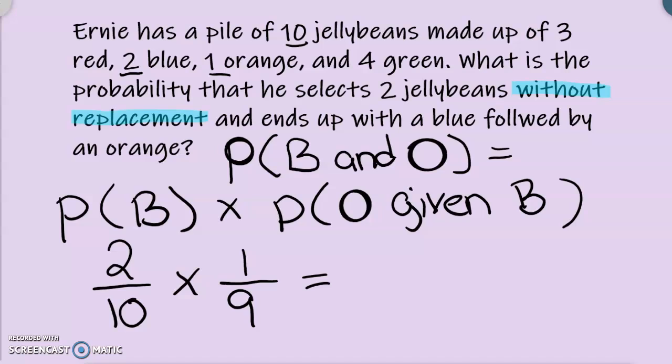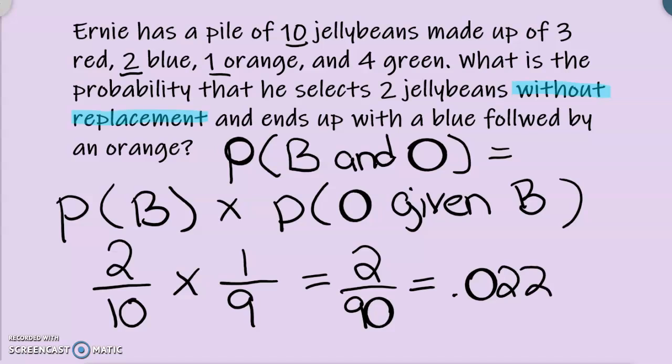So our probability here, when we multiply, is 2 out of 90, or as a decimal, 0.0222 repeating, or about 2.22%. Okay, and that's how you do probabilities with dependent events.